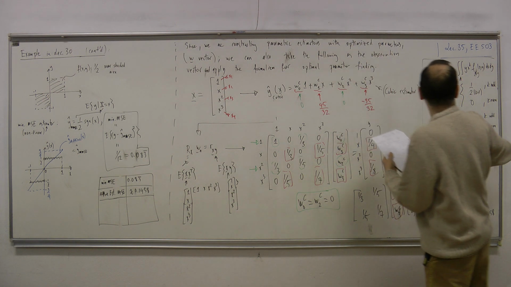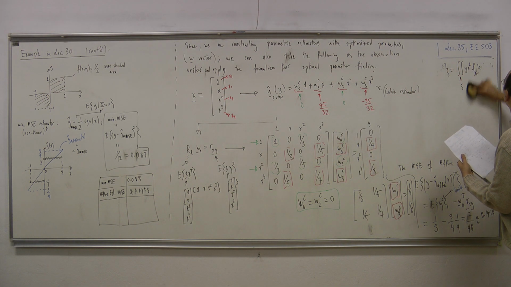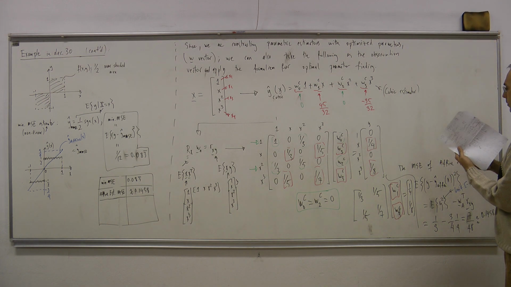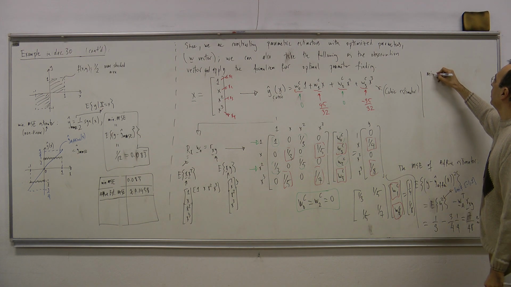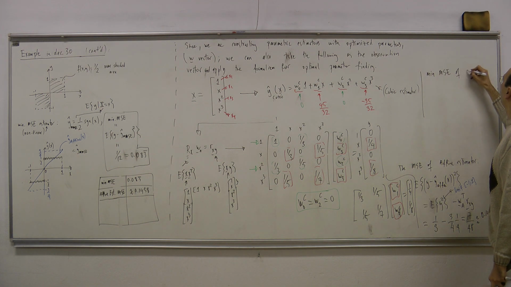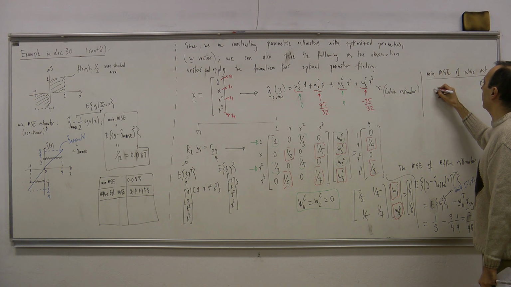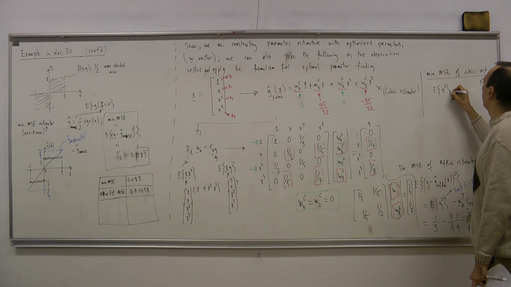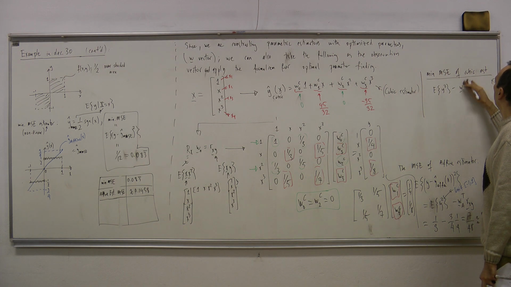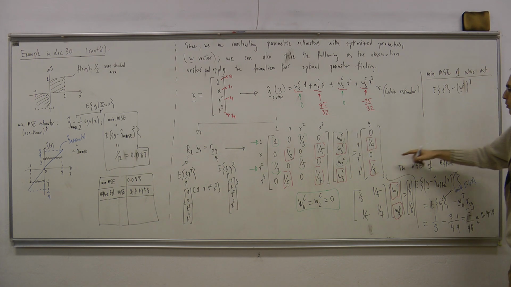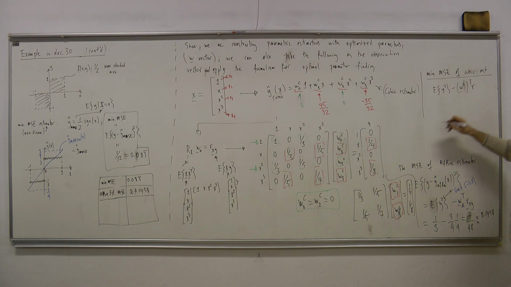Let me erase this. So the MSE of the cubic estimator. Remember, we had the expected value of y squared minus w cubic transpose times this vector, my Ryx vector.